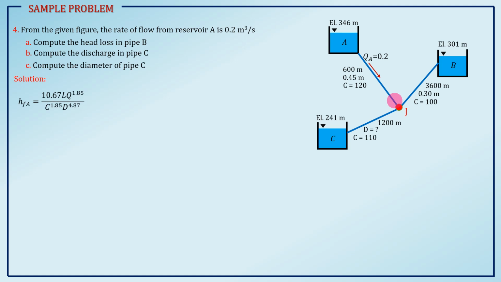So, the head loss at A, we are given here the C, the constant of Hazen-Williams, the Hazen-Williams coefficient.